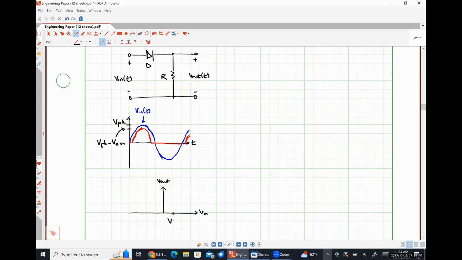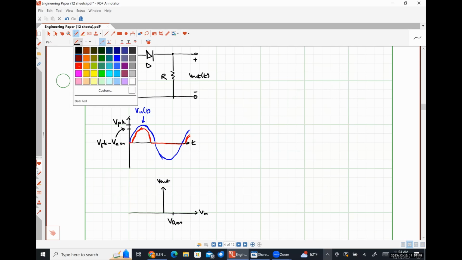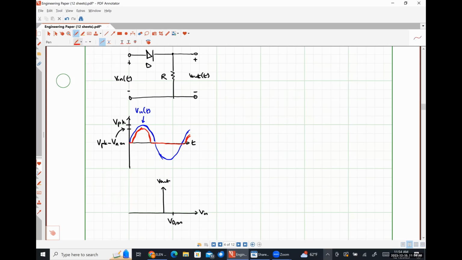And this point right here will be VD on. So we would see no output voltage whatsoever while our input voltage is below VD on. And then after we hit VD on, our output voltage should increase with a slope of 1. So it's going to follow our positive input voltage, but it's always going to be a little bit less because of the on voltage of the diode itself.